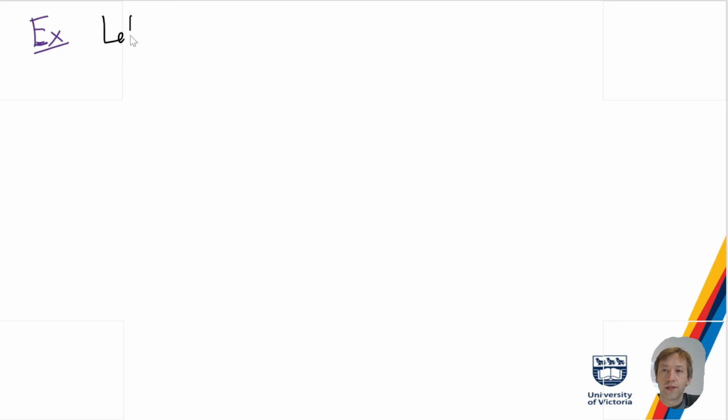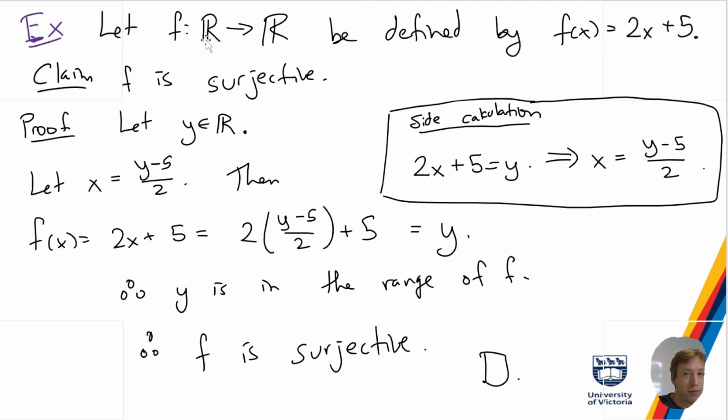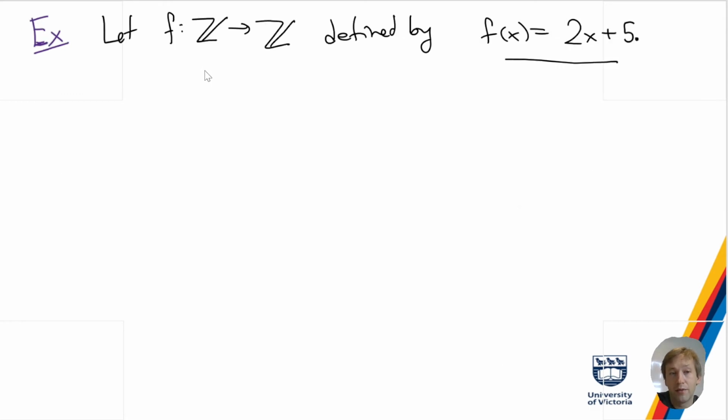If I change the domain and codomain to be the integers, so let f be the function from the integers to the integers defined by f of x equals 2x plus 5, you might think, okay, this should be surjective too, because 2x plus 5 was surjective on the previous slide when we went from R to R, so why shouldn't it be surjective now? But it's not surjective.